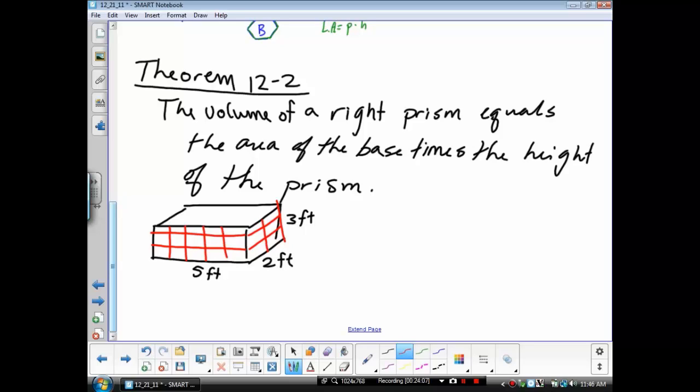Now if you start thinking about what does this do to the box, it's going to divide the box into little cubes that each have 1 foot by 1 foot by 1 foot.